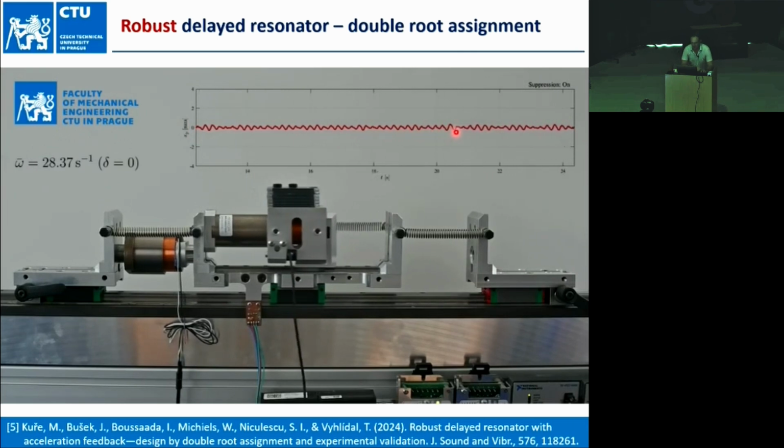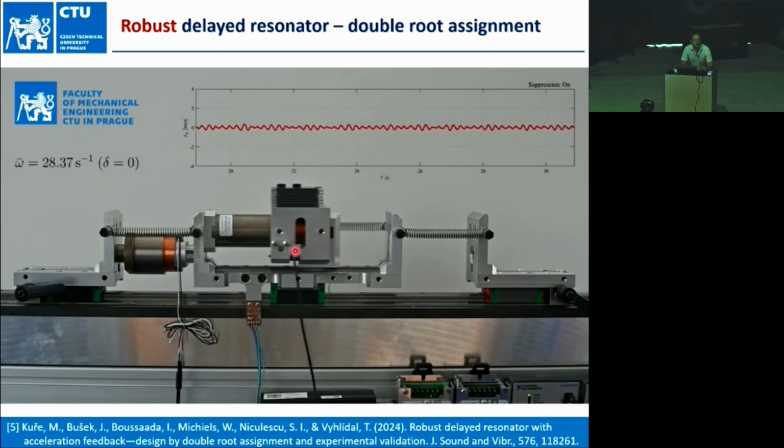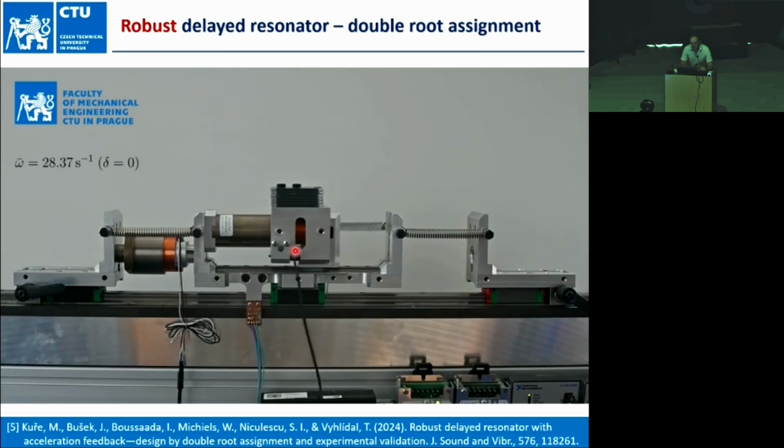At that time we used an acceleration sensor for the measurements, which was a bit noisy, so we were not able to tune it well. As you will see, currently we switched to position feedback, which is a bit better.